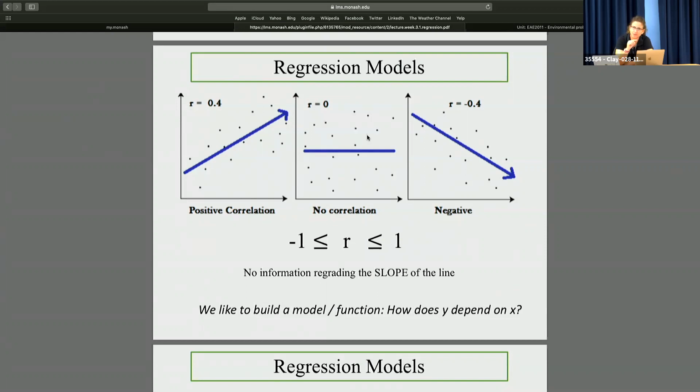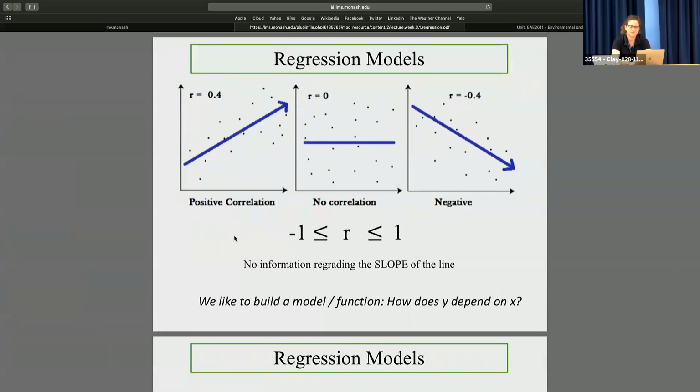And now remember, another thing that's important about the correlation coefficient is that it's incredibly symmetrical. So x is correlated to y in exactly the same way that y is correlated to x, which is a problem in interpreting correlations, because we don't know who's the cause of the correlation.